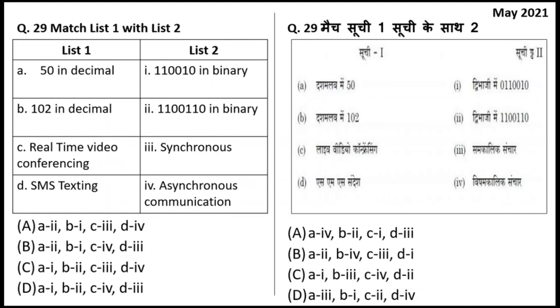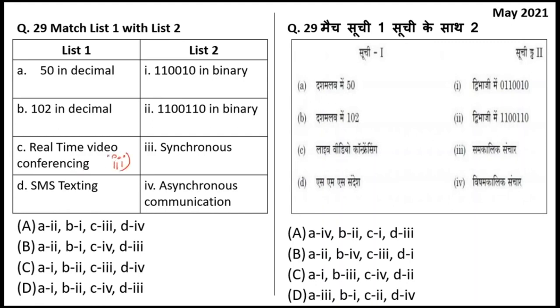One more question is a match the following question. So here the options are 50 into decimal, 102 in decimal, real-time video conferencing, SMS texting. Before solving it, let's first solve this, maybe we'll get the answer. Real-time video conferencing is synchronous communication.